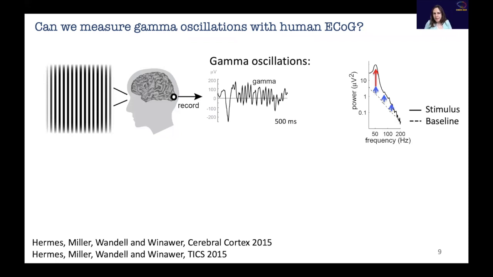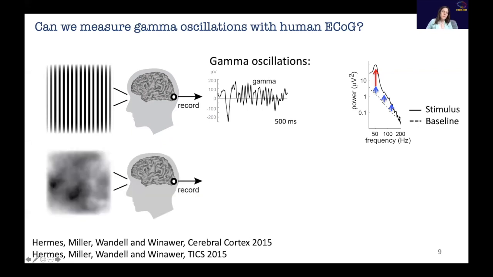When we look at the power spectrum, you can see frequency on the x-axis and power on the y-axis, and the dotted line is baseline. You see a very clear peak during this stimulus, a very clear increase. As I point to here, in red is the narrowband gamma oscillation, and in blue the broadband increase.